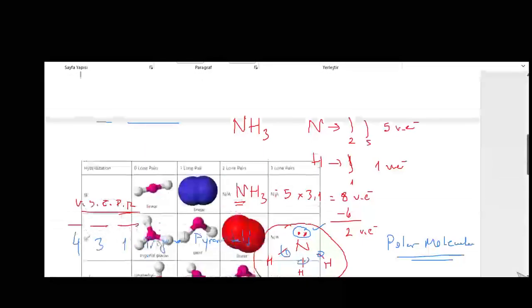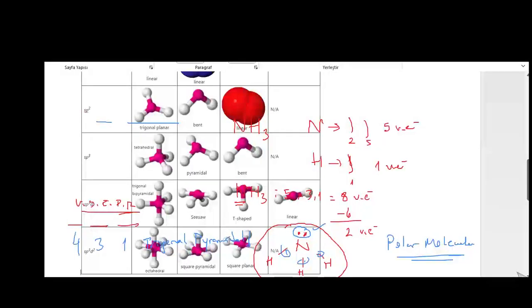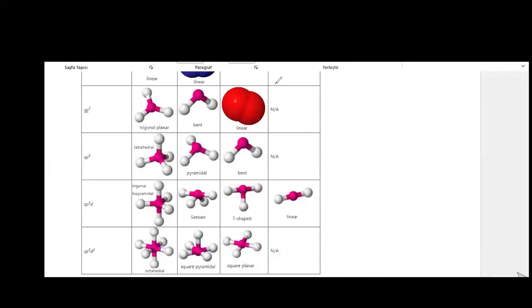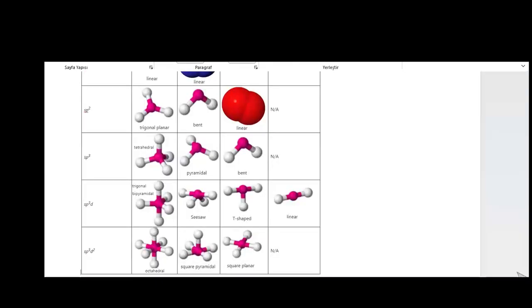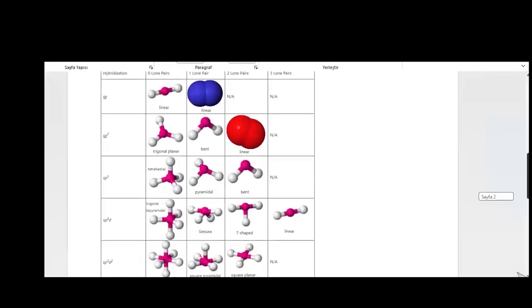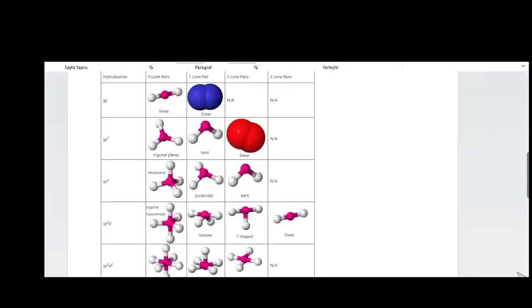So let's check the hybrid orbitals in that molecule. Our molecule is ammonia, and the Lewis structure of the molecule is like this.